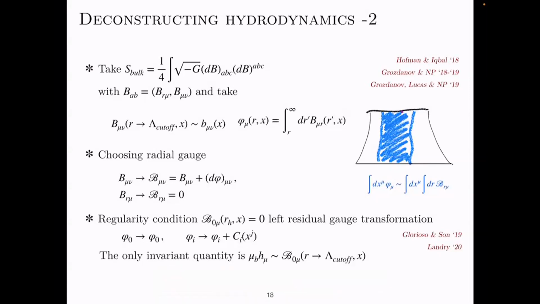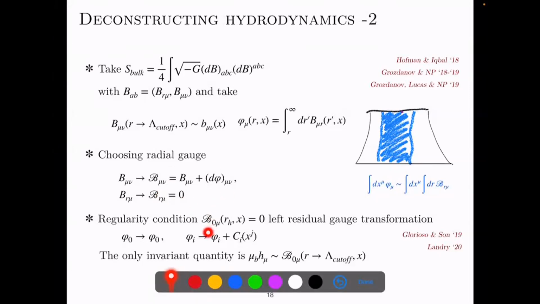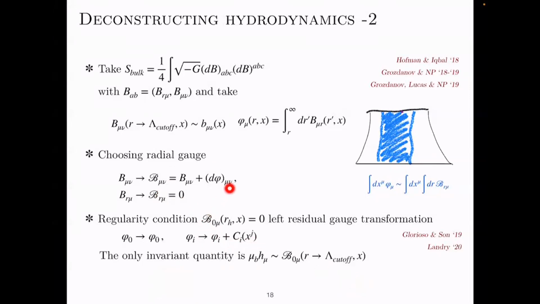You can try choosing the radial gauge as well. Now it will be moving things in this way, and you impose regularity conditions on this object that leave the following residual gauge transformation. Now the only invariant object you can build out of this is therefore this object B 0 mu, which you can use to define the chemical potential.